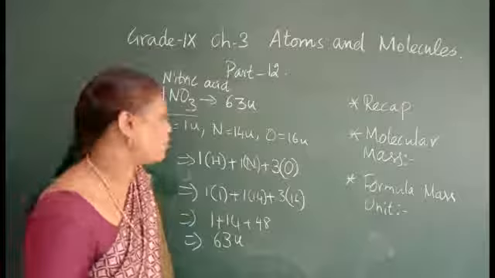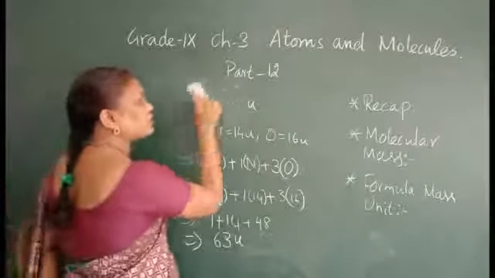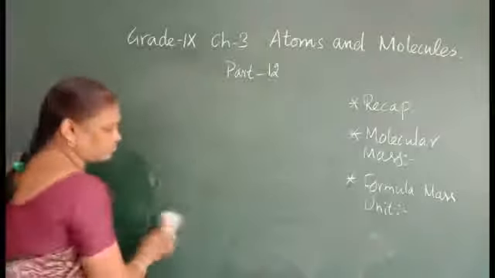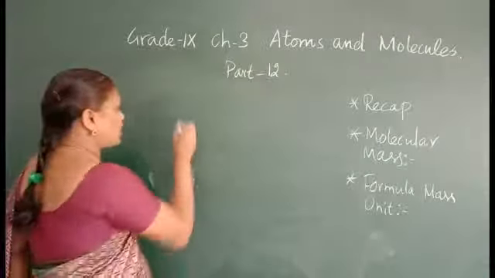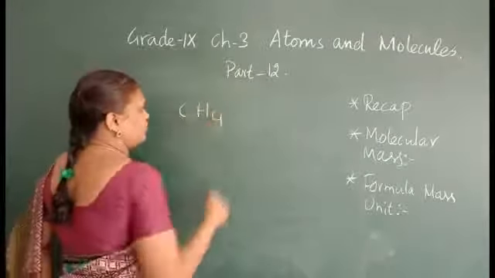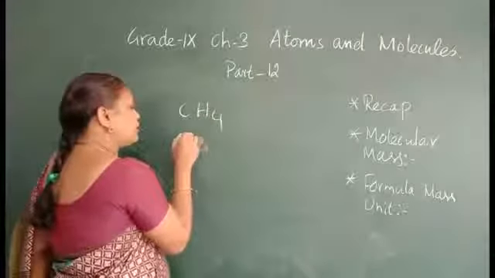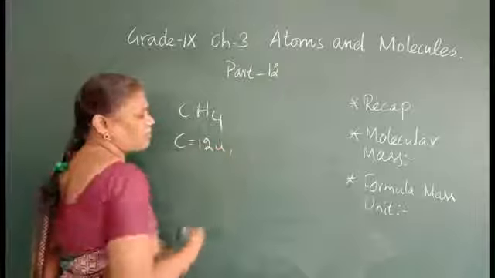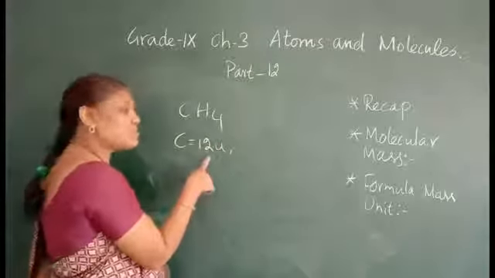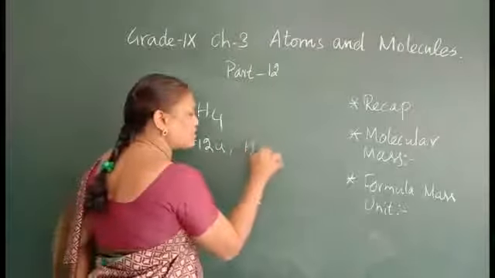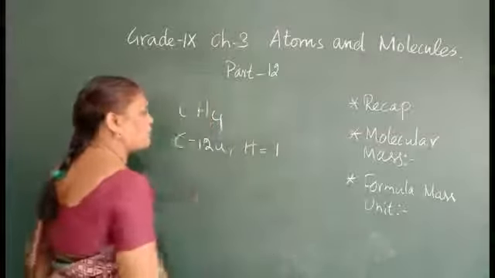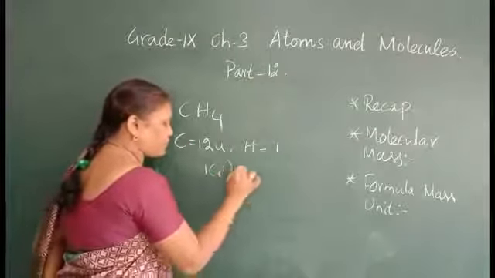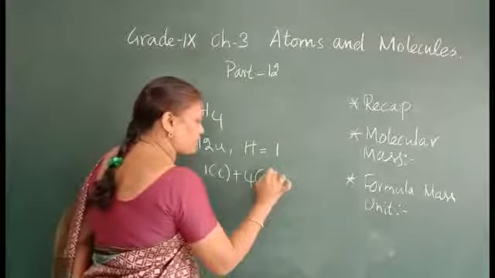Let us do one more which is not given in your book. CH4. It's very easy now. The carbon atomic mass is 12U and hydrogen is 1. In CH4, 1 carbon plus 4 hydrogen are present.